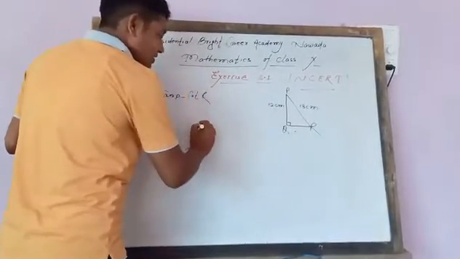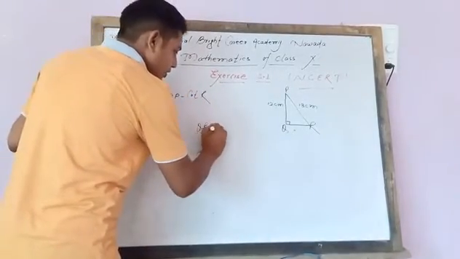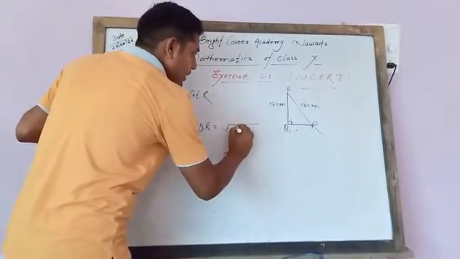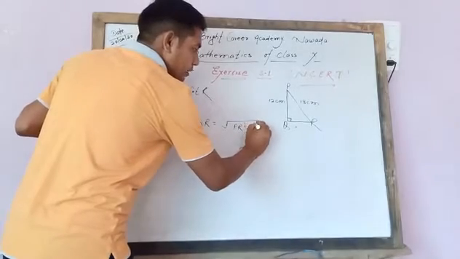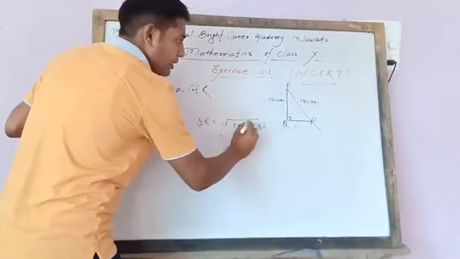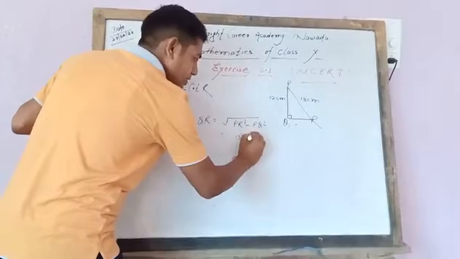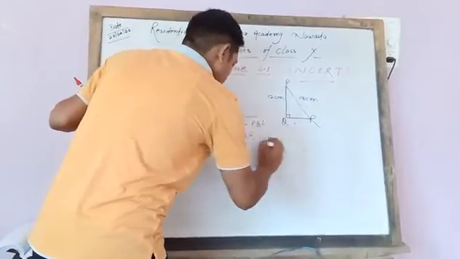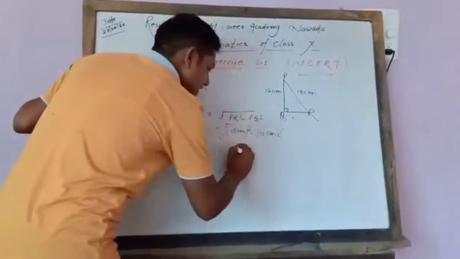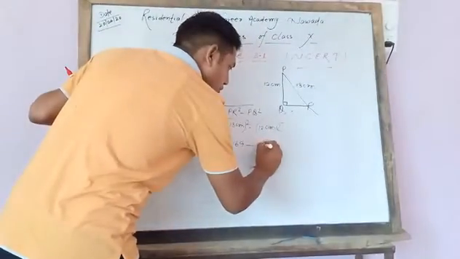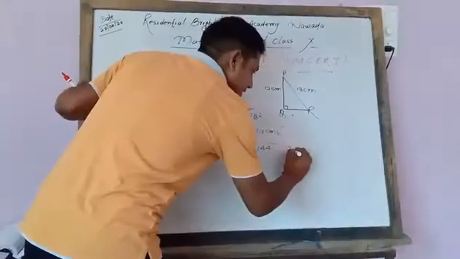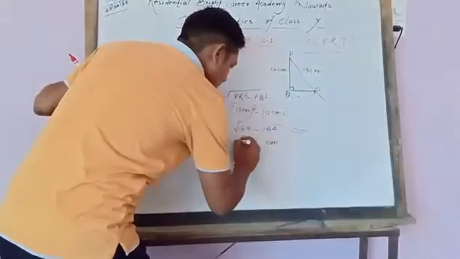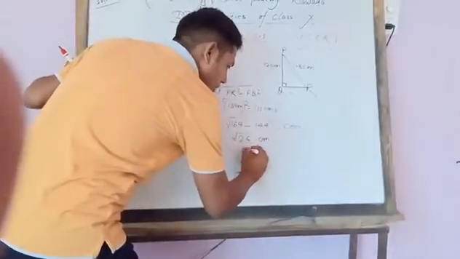It is the base, and QR is equal to root under PR square minus PQ square. Here PR is 13 centimeter, so 13 centimeter squared minus 12 centimeter squared. The square of 13 is equal to 169, and here 144, and under the root it is 25 centimeter, so it will be 5 centimeter.